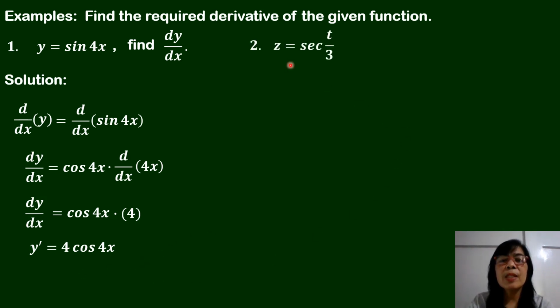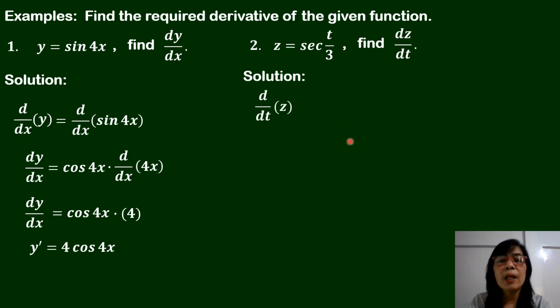Then we have z is equal to secant t over 3, and we are required to find the derivative of z with respect to t. Take note of this symbol. This denotes that z is our dependent variable and that t is the independent variable. As we perform the differentiation process, when we say derivative, we will be taking the derivative with respect to t.